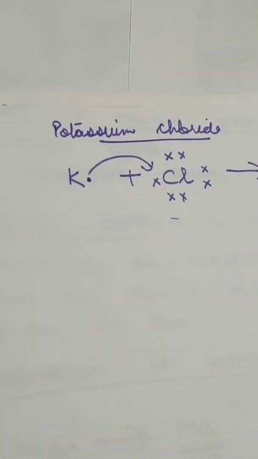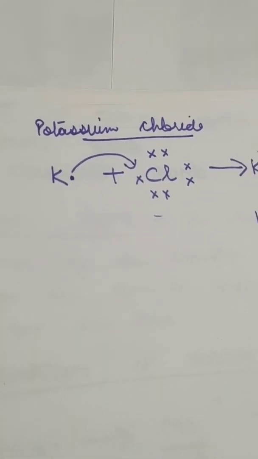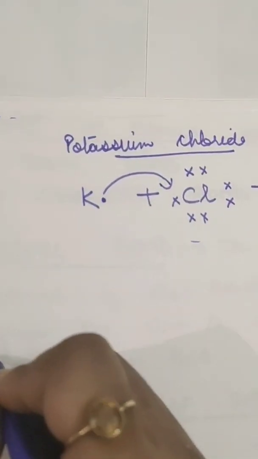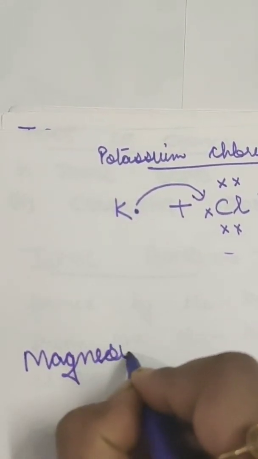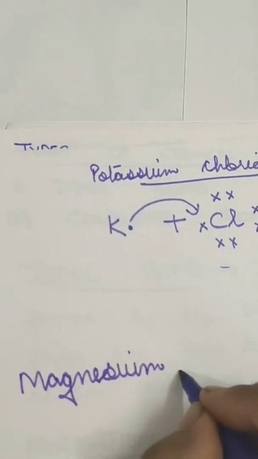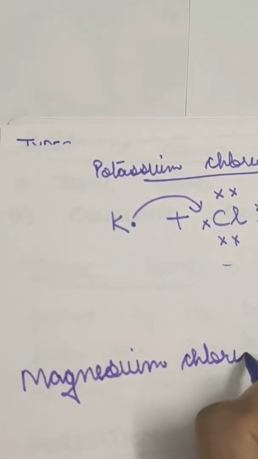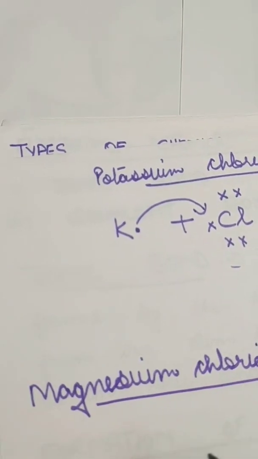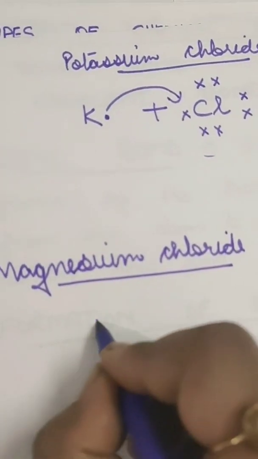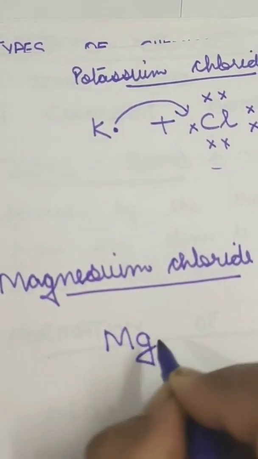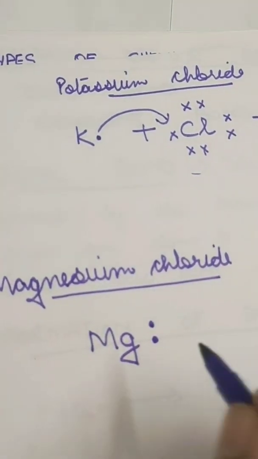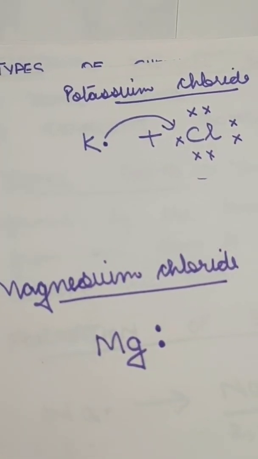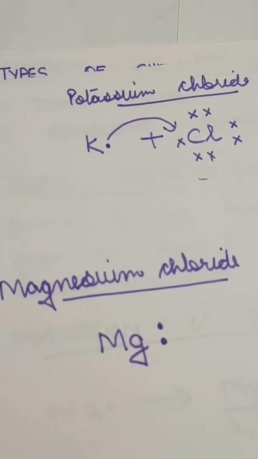The other example, let's take magnesium chloride. Okay, we all know magnesium is Mg. Mg has 2 electrons in its outermost shell, so it will donate 2 electrons and will become a magnesium ion.